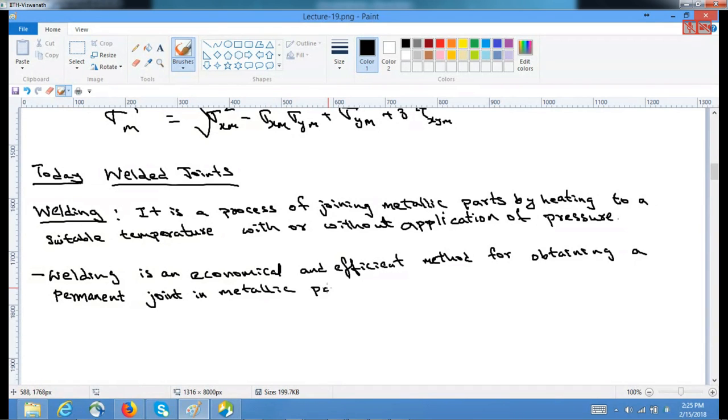Now, there are two distinct applications of welding.